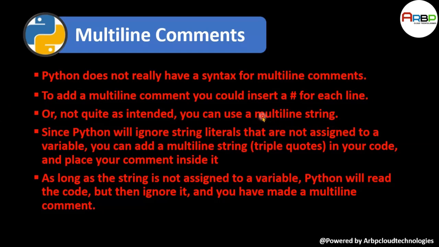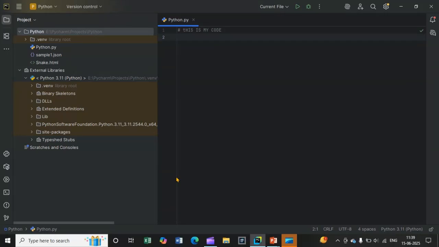You might be thinking, what is a multi-line string? So let me show you. See, multi-line comments can be written like this also, while using the hash. And a multi-line string uses triple single quotes.